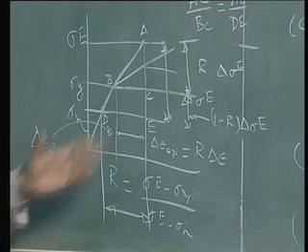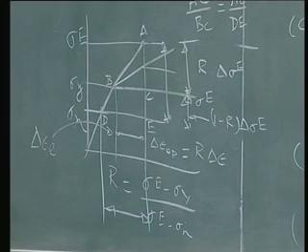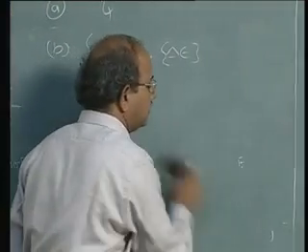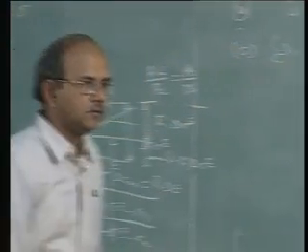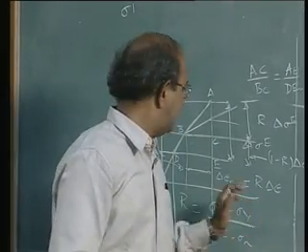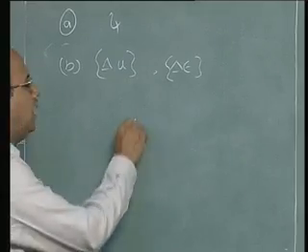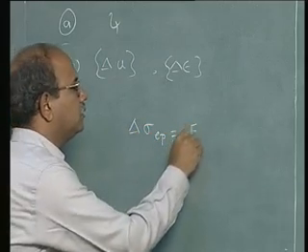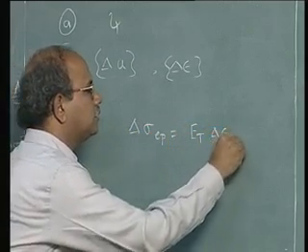Now once I calculate delta epsilon EP, my job is very simple. I'll just remove it here and write that down. I multiply this delta epsilon EP by ET and write delta sigma EP is equal to ET into delta epsilon EP.